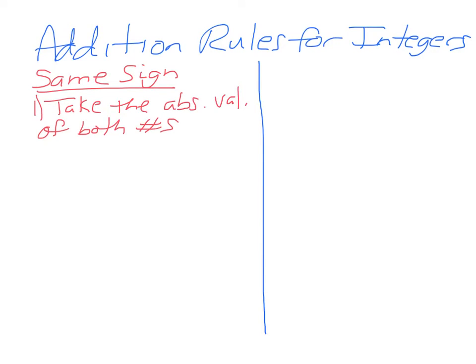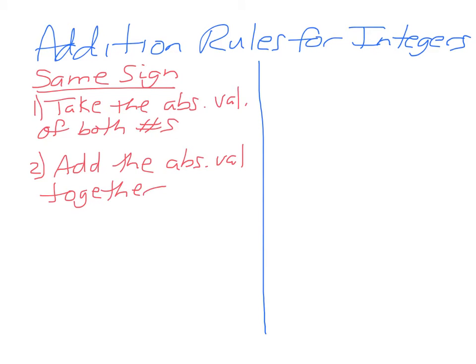We'll abbreviate because it's a small space here. Then, because they have the same sign, I'm going to add the absolute values together. So I'll add the absolute values together, and then the third and final step is to know, well, was the answer going to be positive or negative?